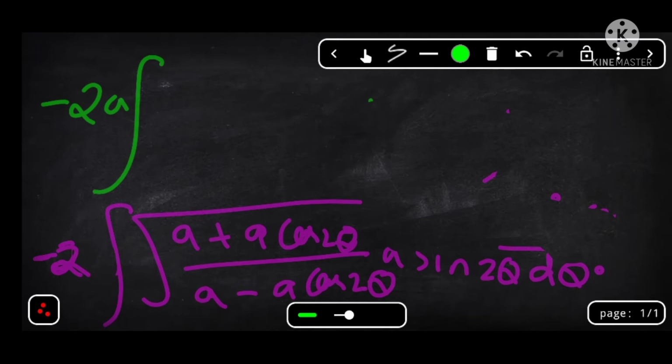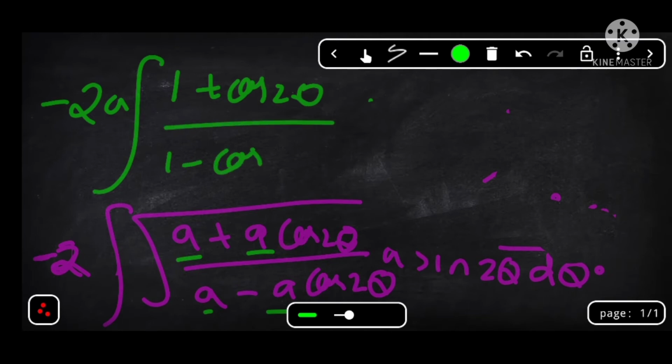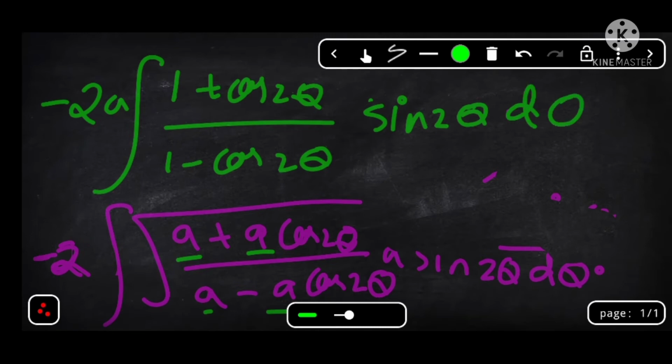So if we take all these a's, what will be remaining? 1, right? 1 plus cos 2 theta divided by 1 minus cos 2 theta, sine 2 theta d theta.